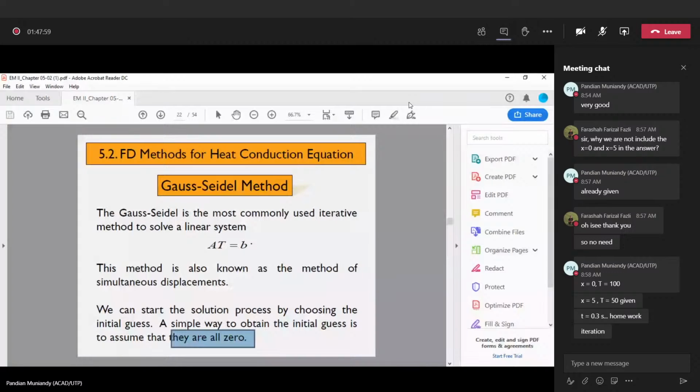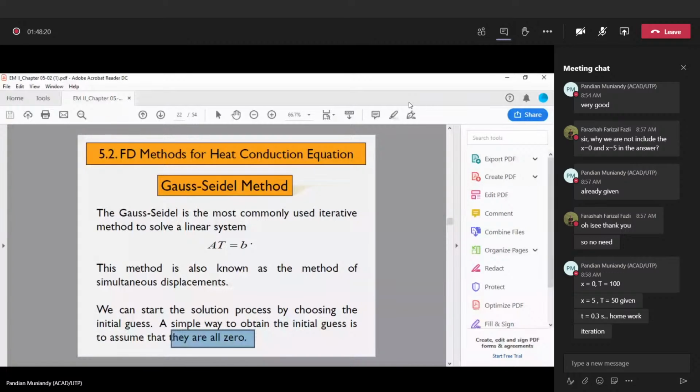In the past, you may not have come across this initial guess. We call it initial condition and then boundary condition. But what is initial guess? That means you assume something to start off the process.